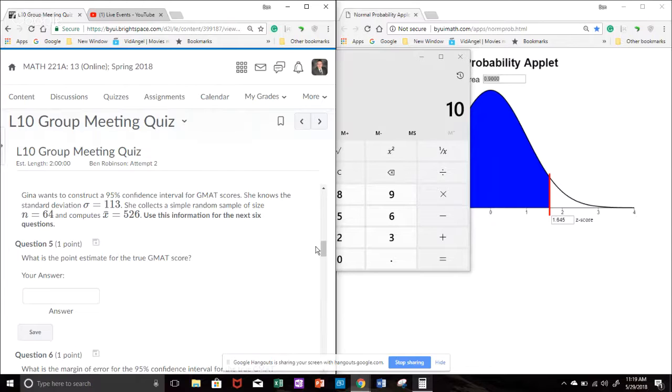Use this information for the next 6 questions. What is the point estimate for the true GMAT score? So we're looking for the sample mean, which is right there already. The sample mean is 526. Yes, I agree with you.